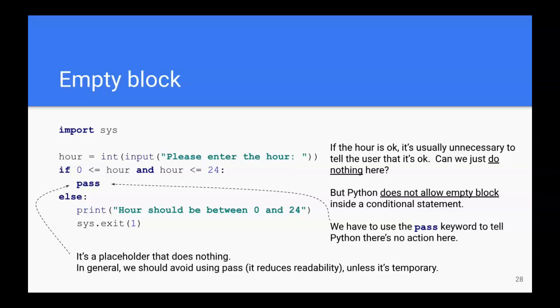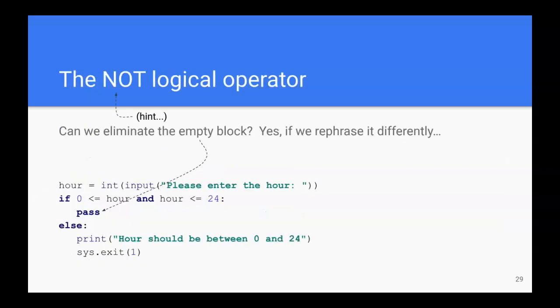But if you actually keep the pass around and you intend to keep it forever, there's usually a better way to do things. So try to avoid pass as much as you can, unless again it's temporary.